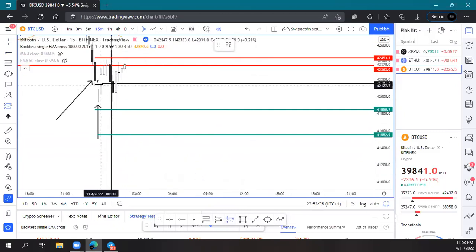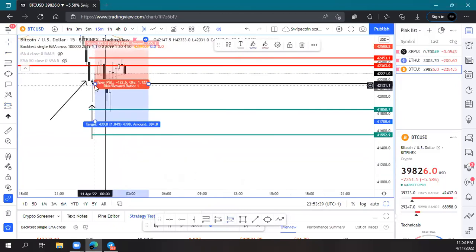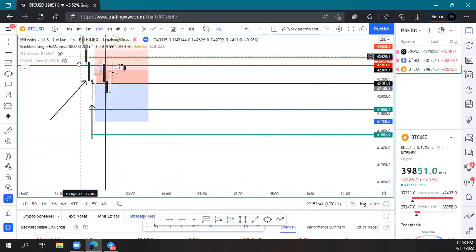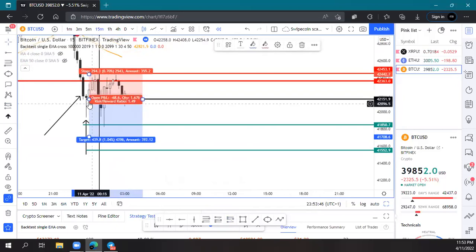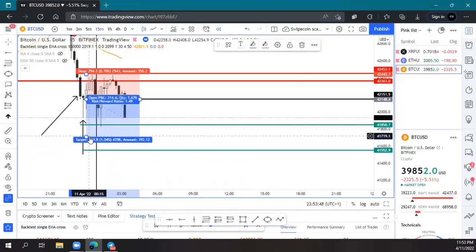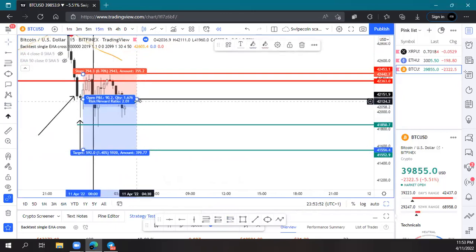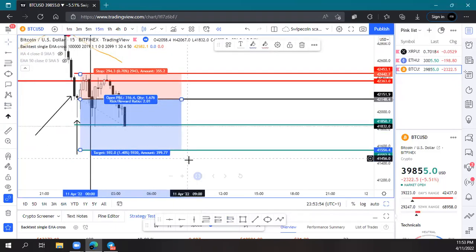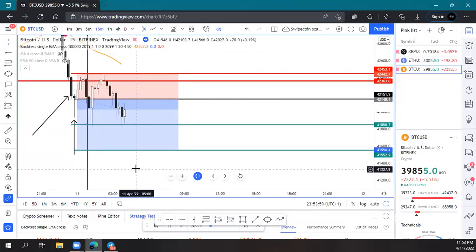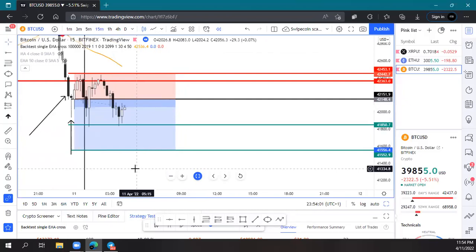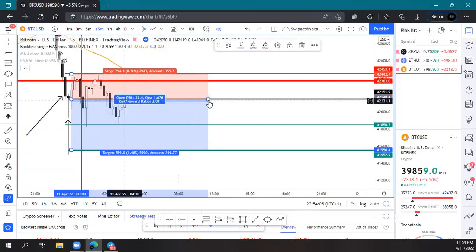So guys, this thing is very, very easy, right? It's not hard. If you actually understand what you're doing, you won't find it difficult. So this TP2 is around this area. So this is it. We are holding this trade for TP2.